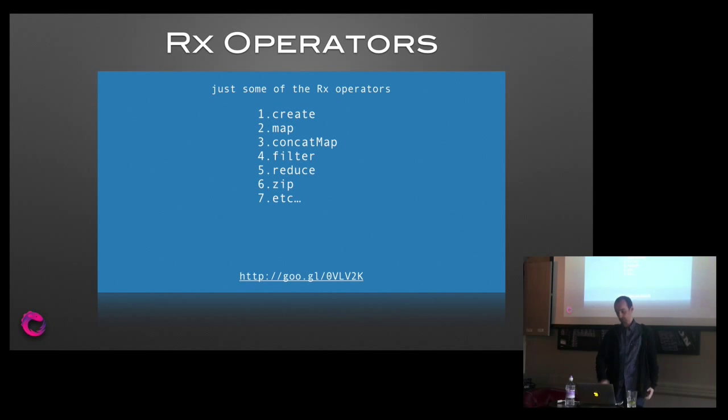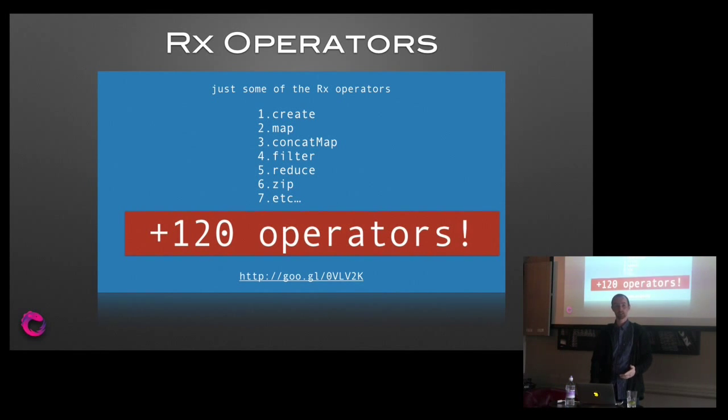So Rx has got many operators. It's got create, map, concatMap, because the same as when you're dealing with arrays, you can sort of combine arrays together. So this is very useful when you're doing events. You can combine them together. It's got zip, which is, there's lots. Basically, there's like 120.